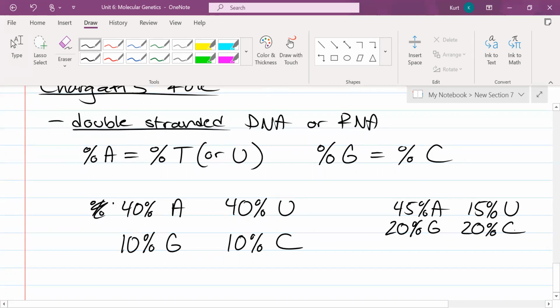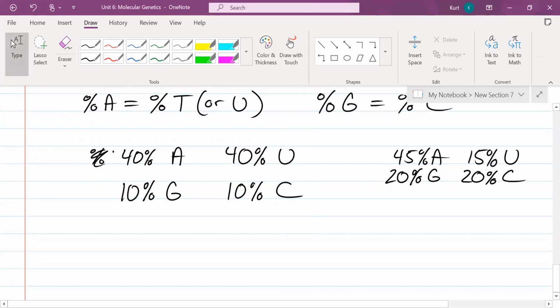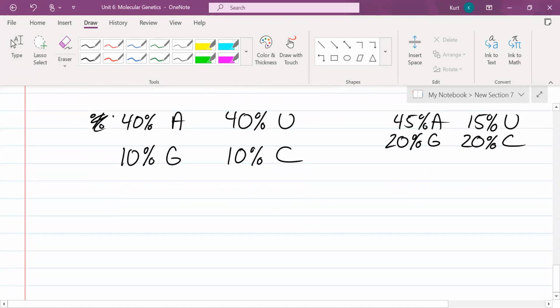Is that double-stranded or single-stranded RNA? How do you know it's single? Does A equal U? No. There it is. You might say, well, G equals C. Yeah, I hear that, but it must be all or none. The amount of adenine does not equal the amount of uracil, so it is single-stranded. That means it doesn't have a complement on the other side.